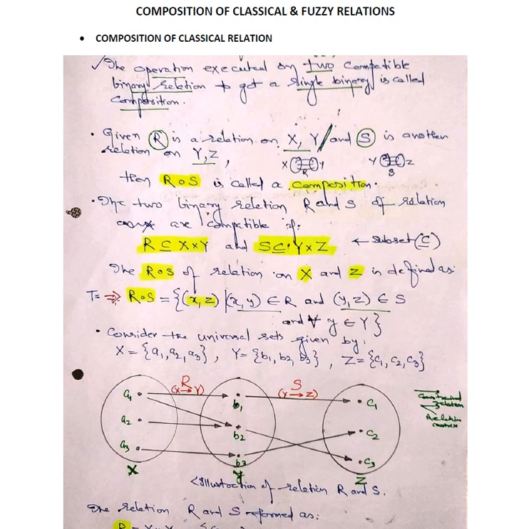I repeat again, the composition of R and S, if you represent it in terms of membership values, mu R of S is equal to the minimum membership value of these two, comma, minimum membership value of these two, and within that you are taking those memberships into consideration, and on top of it you are taking a maximum of these two membership values. So it is the maximum of the minimum value of this membership and the minimum value of this one.